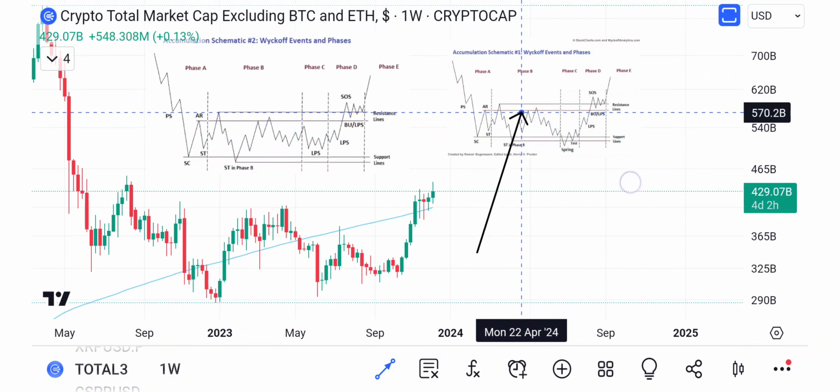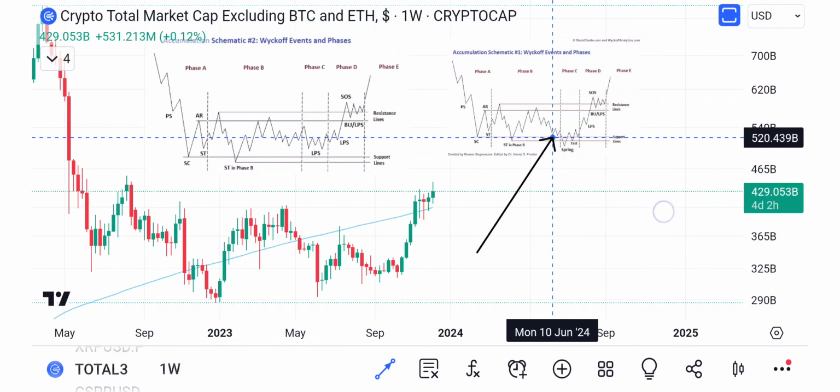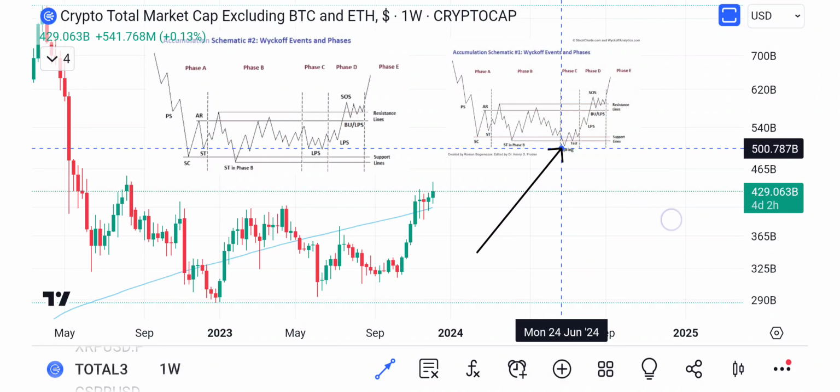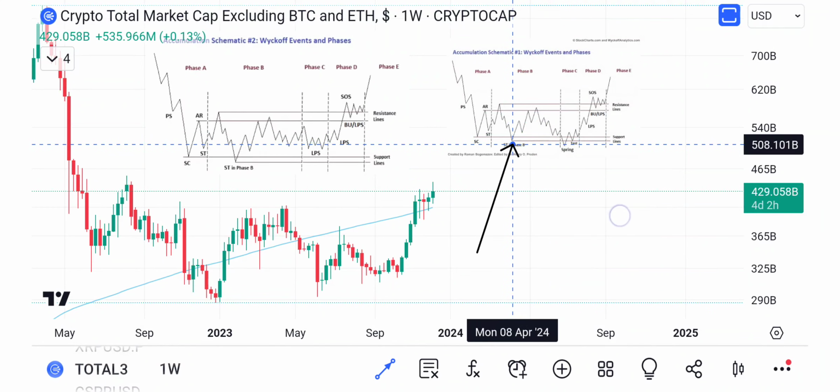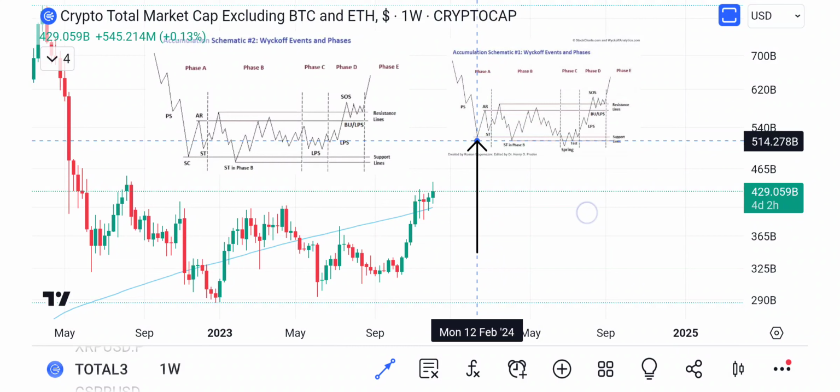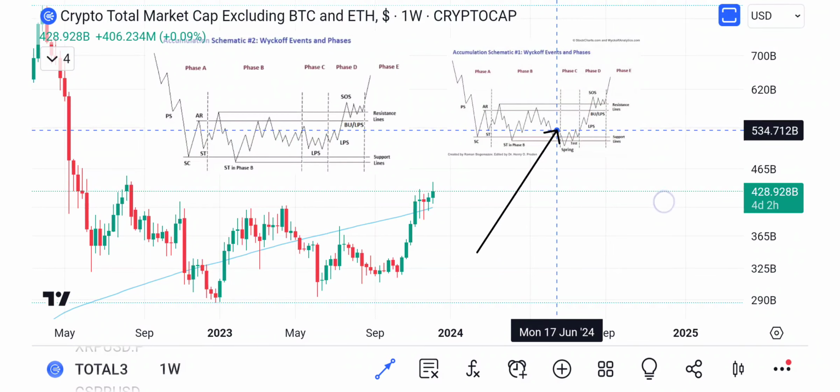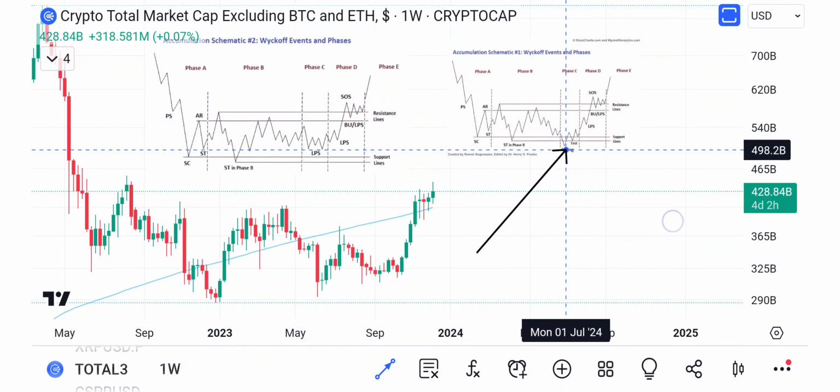They call it a spring. And basically it allows the market makers to fill in their positions because retail traders are looking at this as support. So you have a point here and a point here. And then it breaks to the downside.